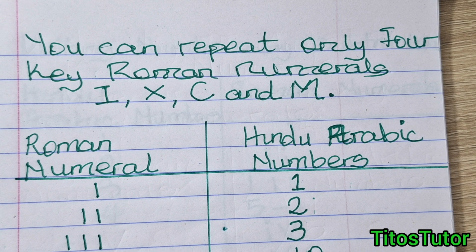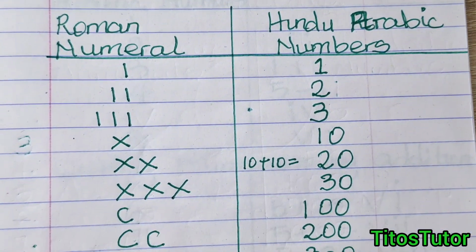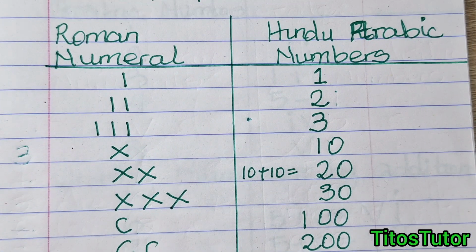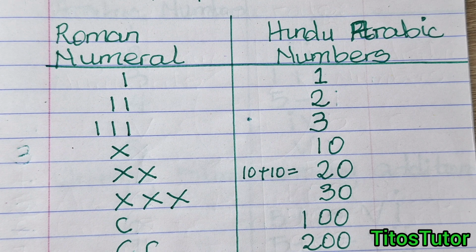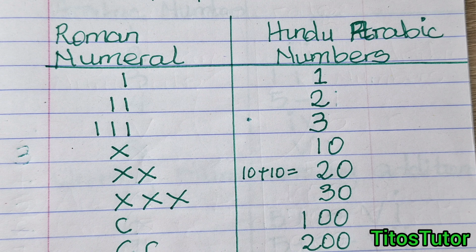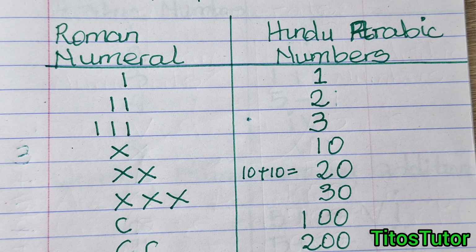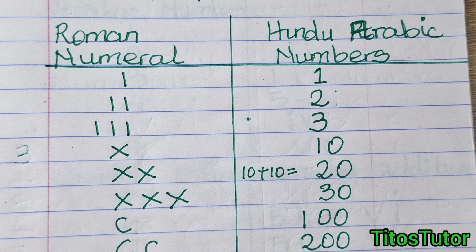Now, let's go into the 4 key Roman numerals we can repeat. On my left is Roman numerals, and on my right is Hindu-Arabic numbers. I is 1, II is 2, III is 3, right? X is 10.